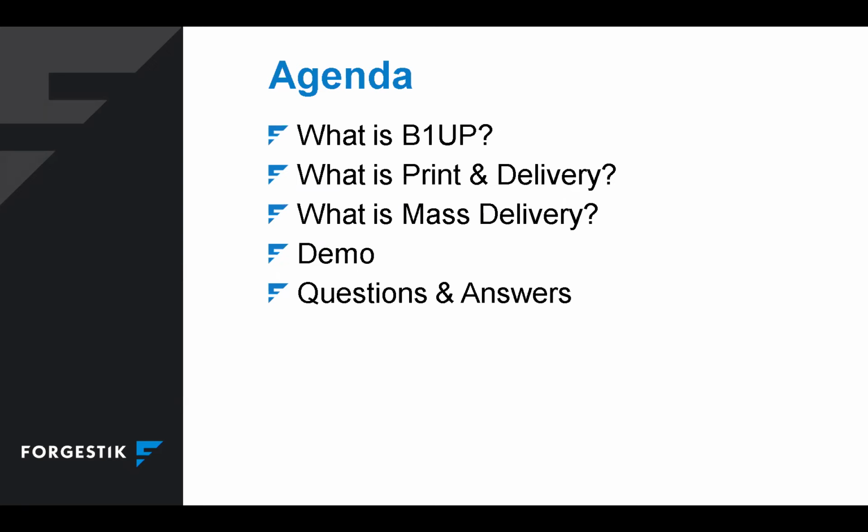In a video, it's not really that interesting to see. We can watch the robot auto send something, but you get the point of how it's going to go. So let's jump into that a little bit more. I'm going to show you what the email does with the print and delivery, and then we'll touch on where the mass delivery fits in and why it's really useful.